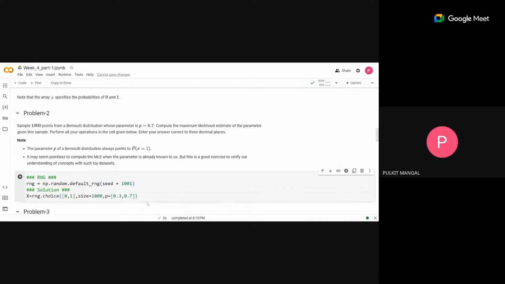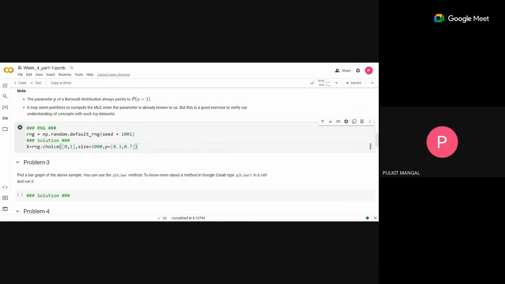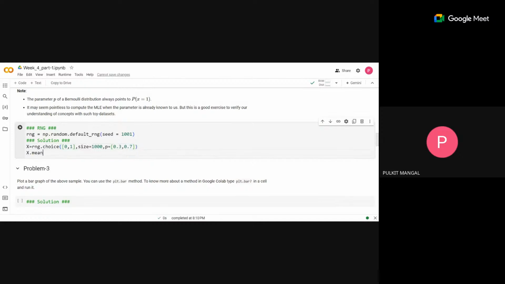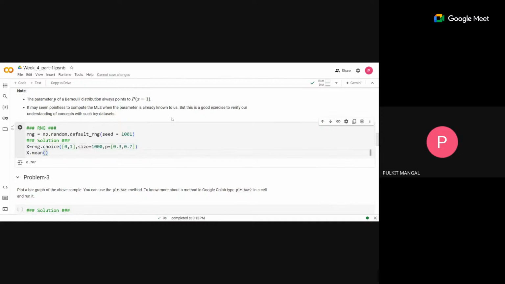So we have sampled. Now what we have to do next is calculate the MLE on this. That is just the mean, so that is x.mean. Run the cell and you will get this as your MLE. The shortcut for running the cell is Control plus Enter. Does anybody have any doubt in problem 2?